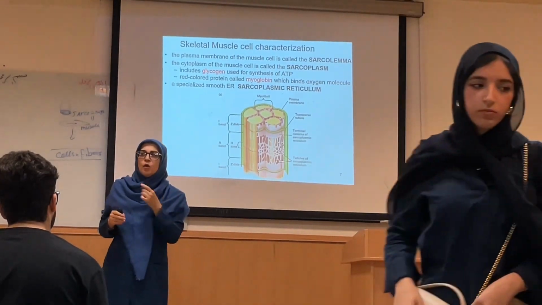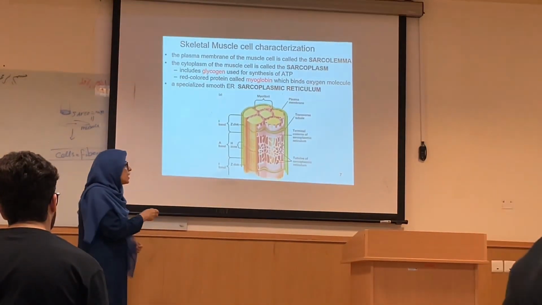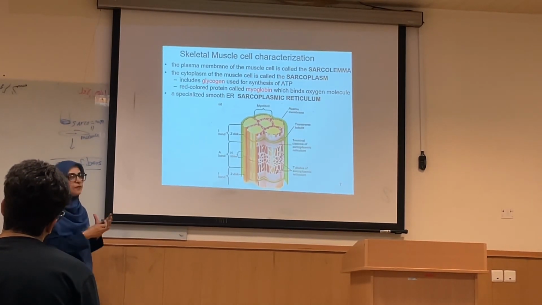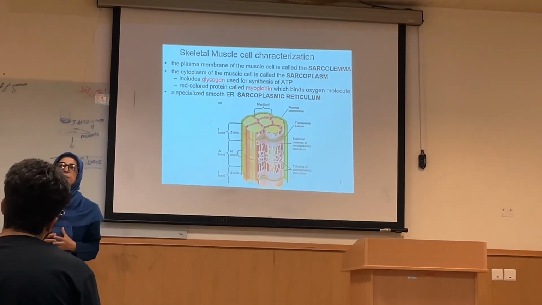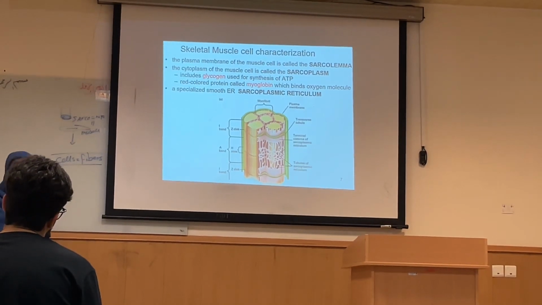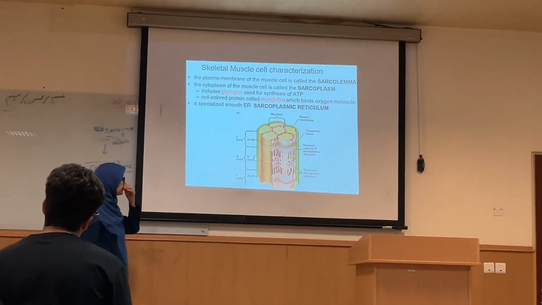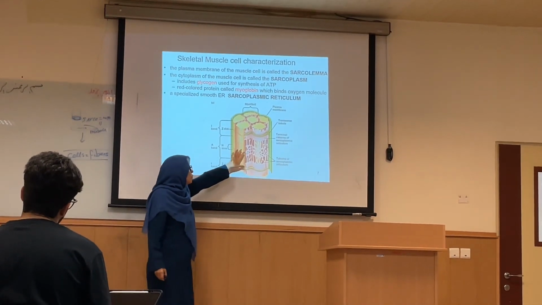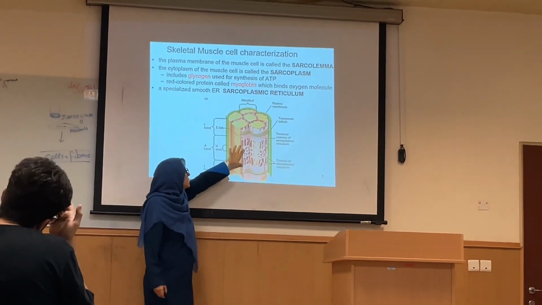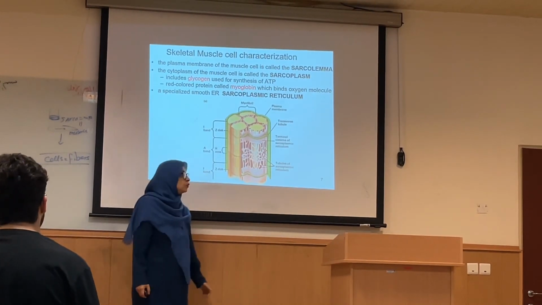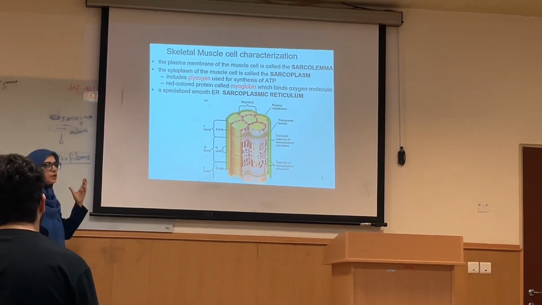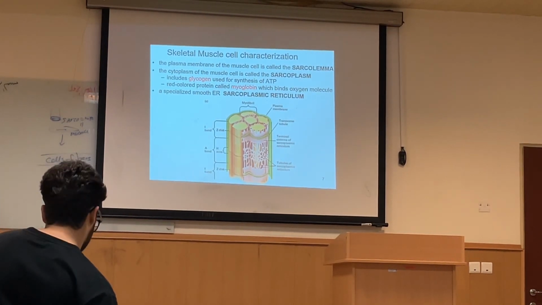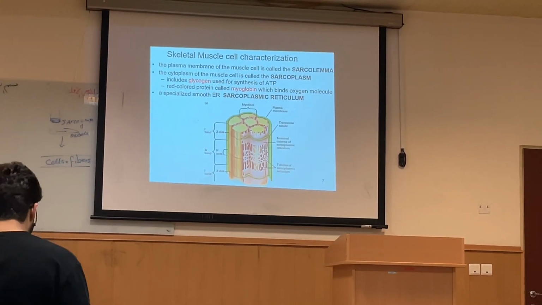As you see here schematically, they form a network of tubules inside the cytoplasm, around the smallest structures of the muscle tissue that we name sarcomeres, so that the cells have easy access to them. The other organelles are also in the muscle cells.